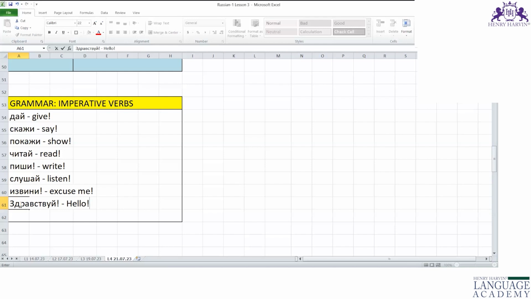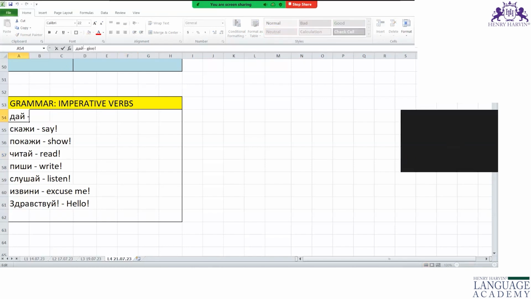So what about the grammar here? These are imperative verbs: give, say, show, read, write, listen, excuse me, hello. Дай, скажи, покажи, читай, пиши, слушай, извини. The grammar is only that if you add те to the same words, then they will be polite.